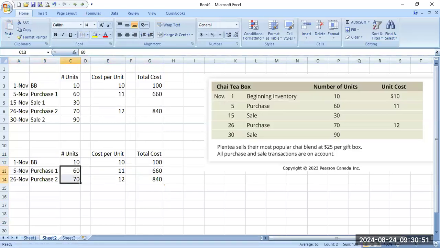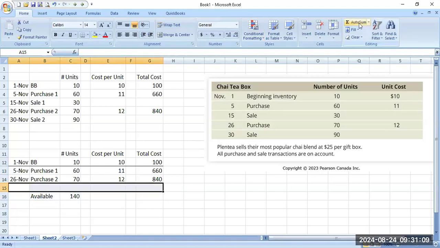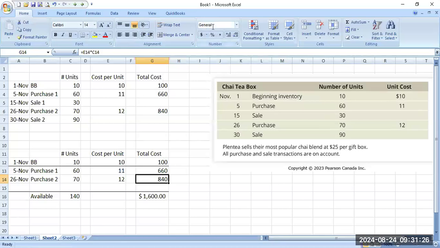Then I purchased 130, total available 140 units. Now those 140 units come with the cost. I can easily calculate it and get the total cost is $1,600. That's my cost of those 140 units. It cost me $1,600.